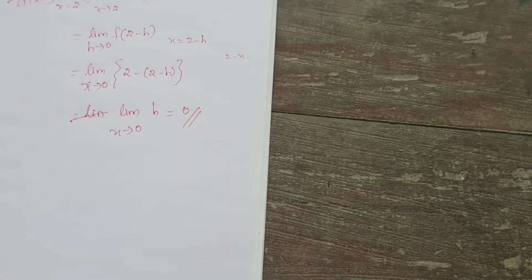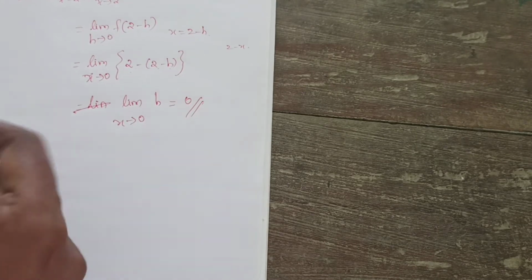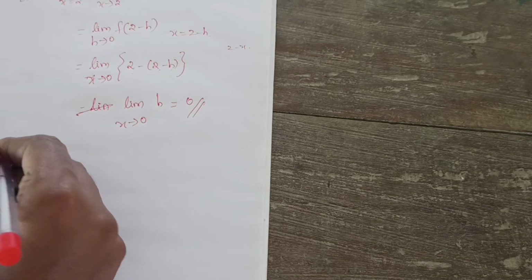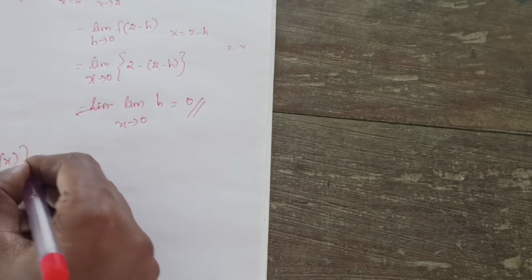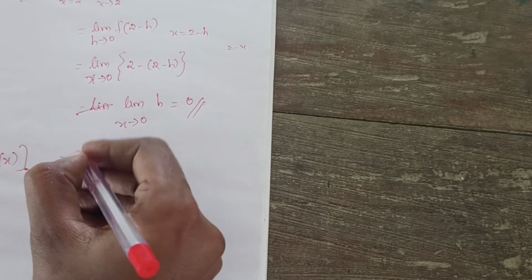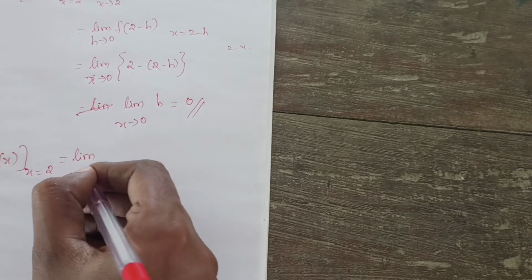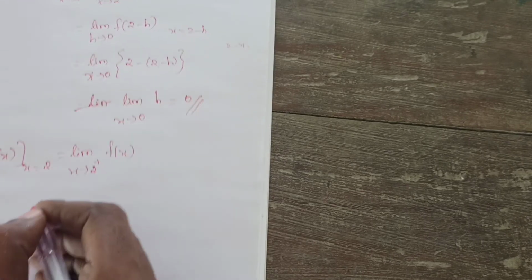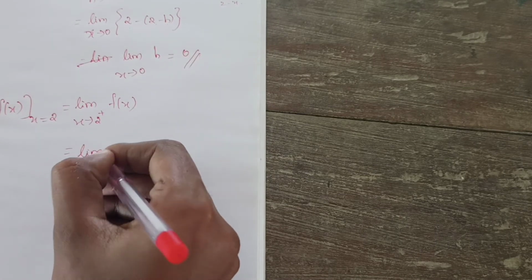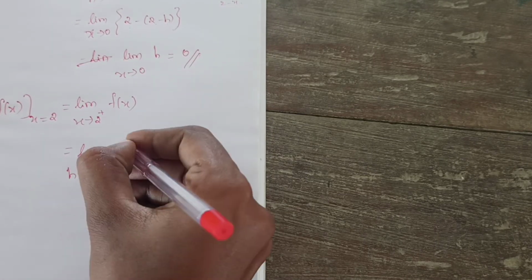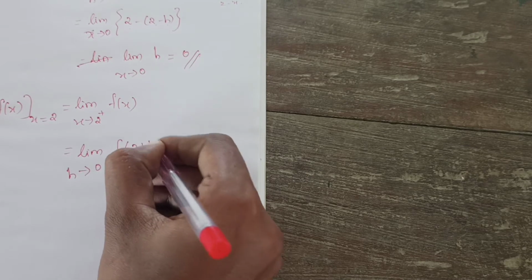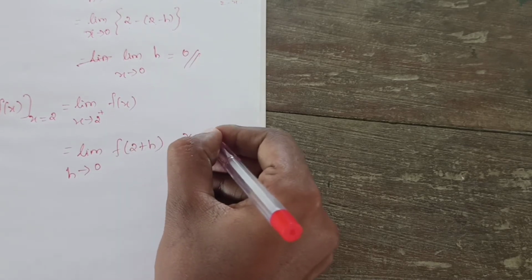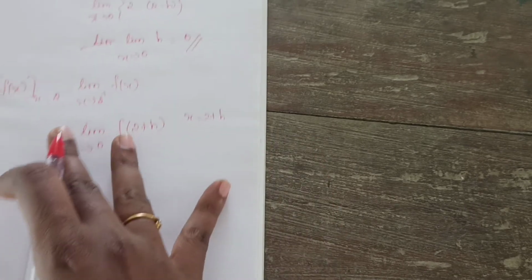Same as that, the right hand limit at x equal to 2 is limit x tends to 2 plus f of x, equal to limit h tends to 0 f of 2 plus h. Okay, x equals 2 plus h. Understand?